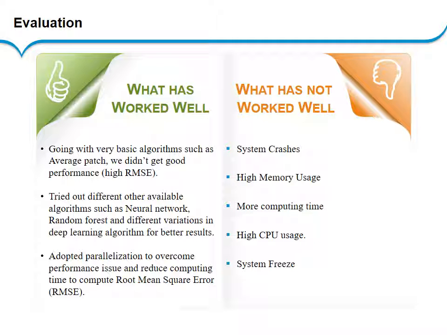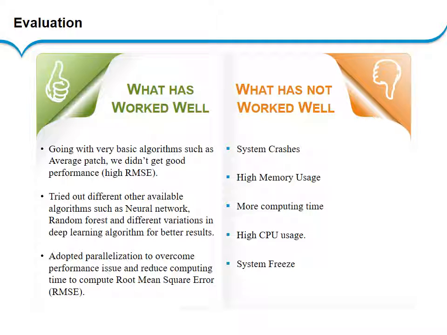Now talking about evaluation, these are the things that worked well. Going with very basic algorithms such as average patching, we didn't get good performance. So we decided to try out different algorithms, such as neural network, random forest, and different variations of deep learning algorithms, and we gradually got good results for the test data, and it gradually reduced the RMSE value for the test predictions.